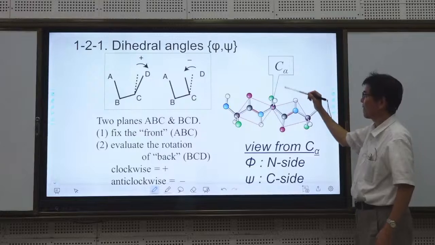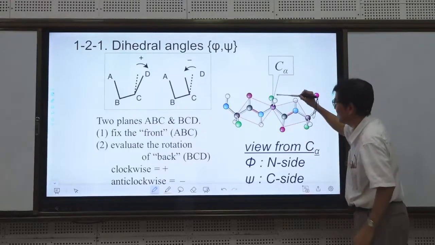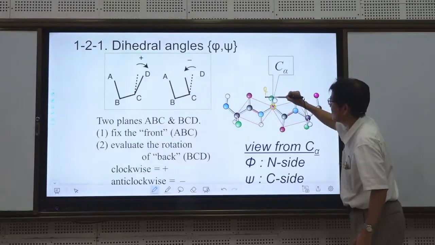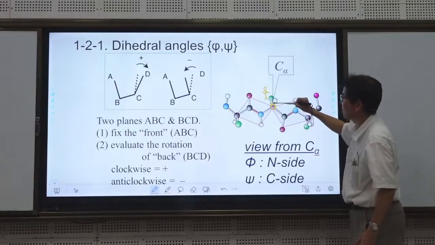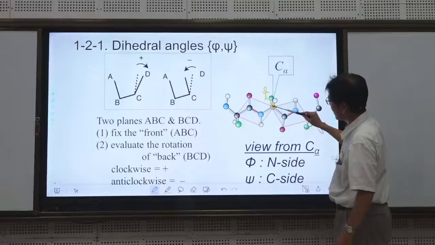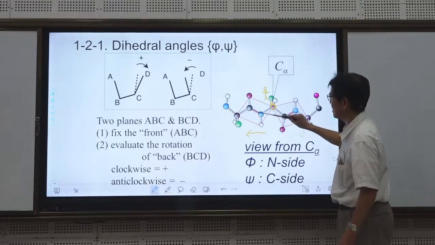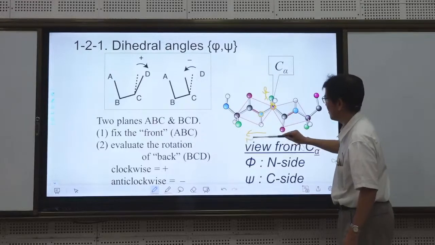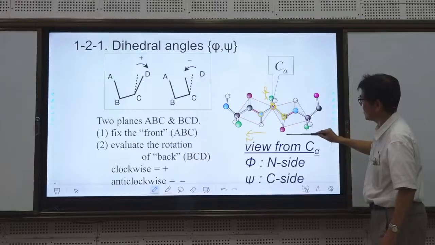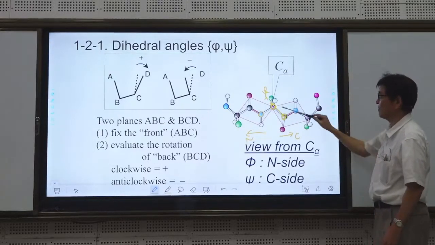Then please watch on this carbon. So you are here. Then let's see carbon. This direction is N side. This side is carbon side, C side.